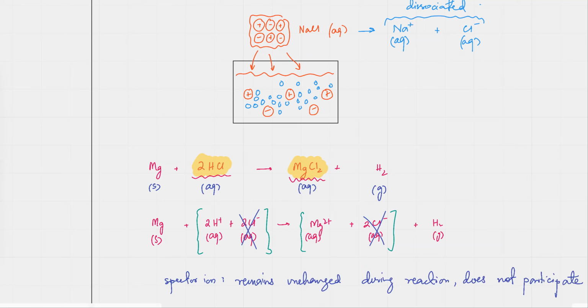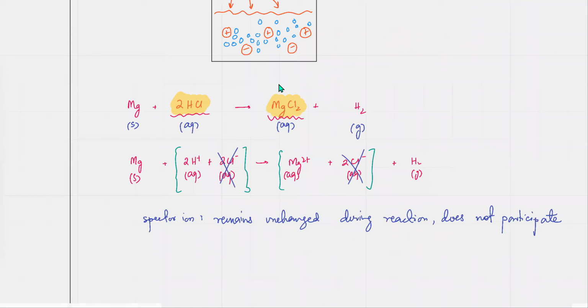So what we're going to do is, I'm just going to remove the Cl ions and rewrite the equation as it is. It's going to be Mg solid, reacting with 2H+ aqueous, and it is producing Mg2+ plus H2, which is a gas.